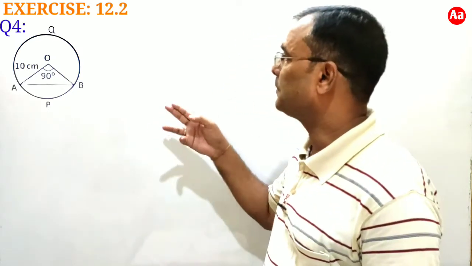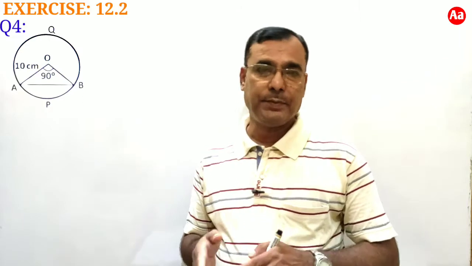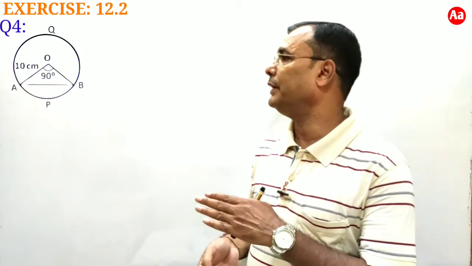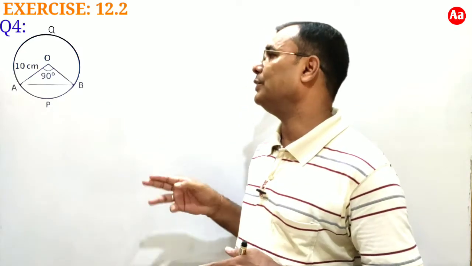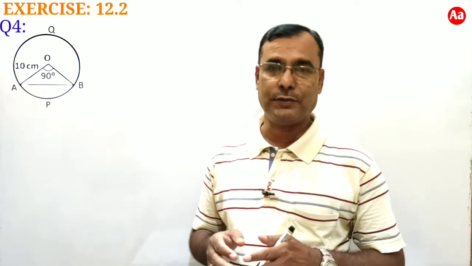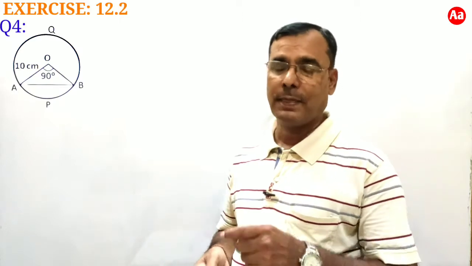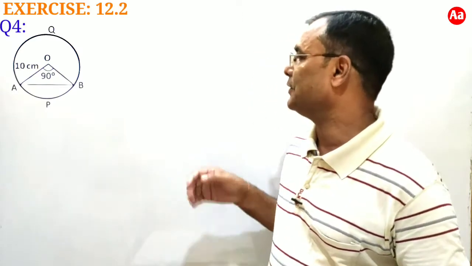Here in this figure, APB is a minor segment, OAPB is a minor sector, and OAQB is a major sector. We have to find the area of the minor segment APB and major sector OAQB in this figure.